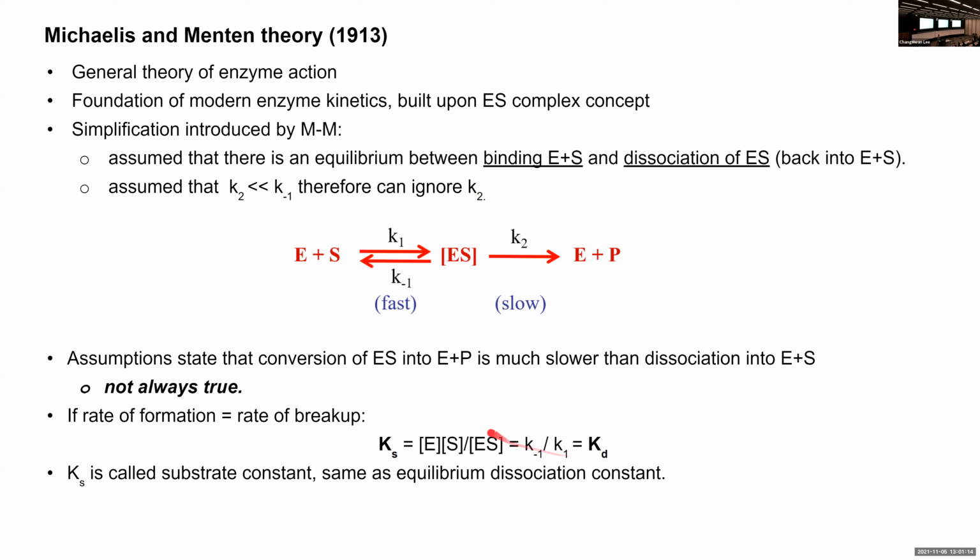So you need to plug the velocity there. And velocity is the same because the rate is the same here, so they're going to be canceled out. I didn't write it here, but basically that's going to be the ratio of K minus 1 and K1. And this, like I said, is the same as the dissociation constant.